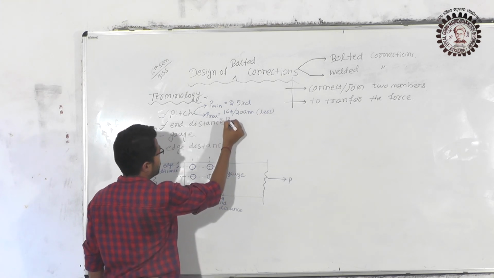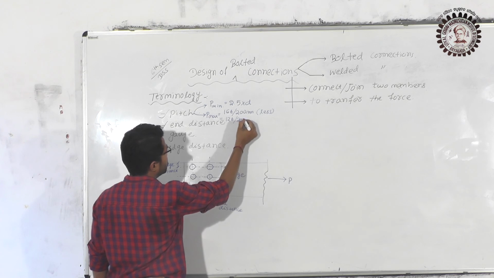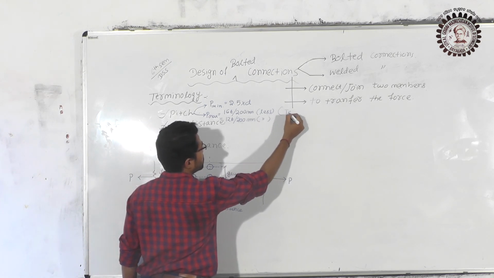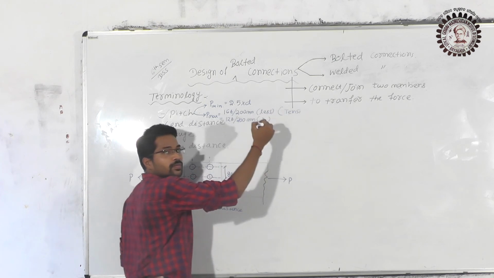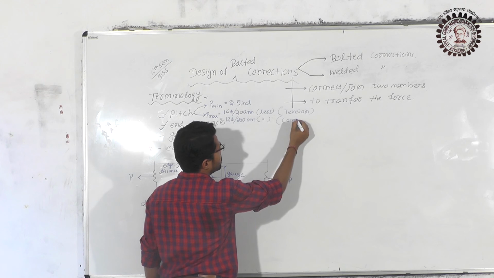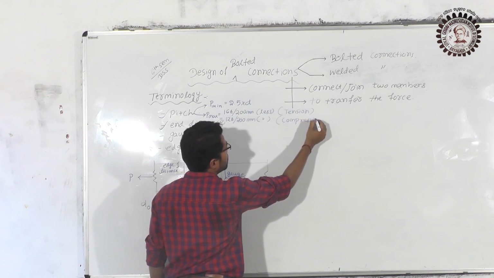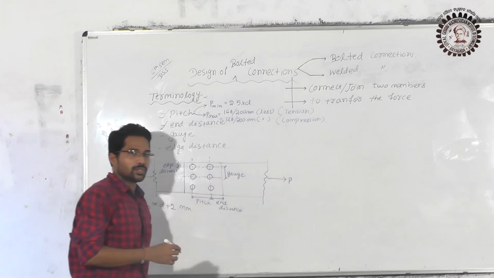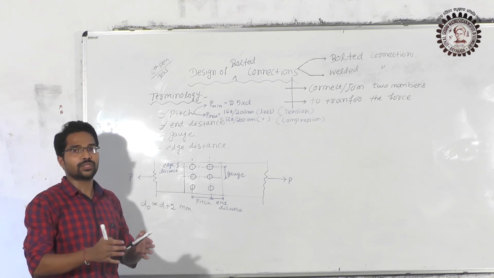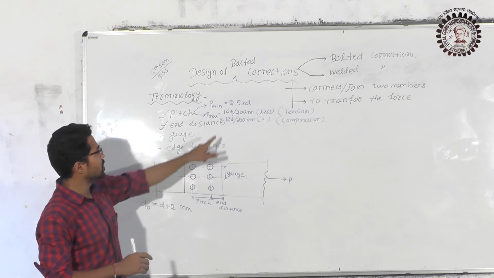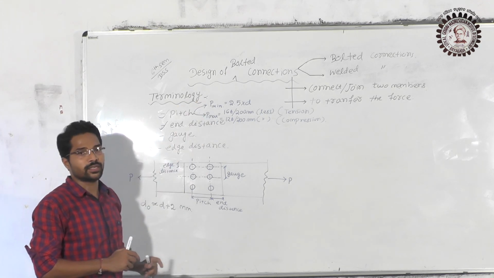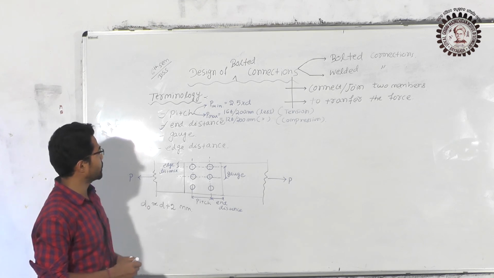And there is another value, 12T or 200 mm, whichever is less. The first is for tensile members and the second is for compression members. Tensile members means members which are subjected to tensile forces. Compression members means members which are subjected to compression forces. So these are the values which I have taken from code book IS 800. You will find them in the code book.